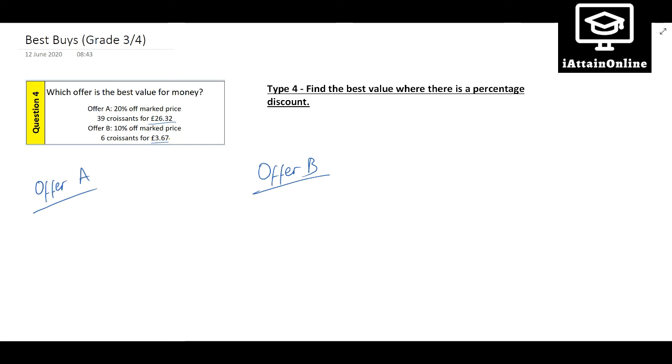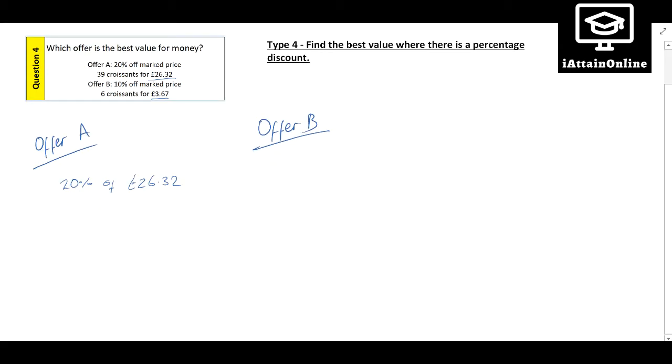So the first thing we need to do is work out how much we're actually paying for each of these things. So I want to find 20% of £26.32 and then subtract that from the cost to find the actual cost. Let's just write actual cost.